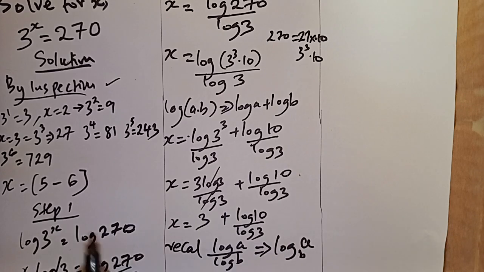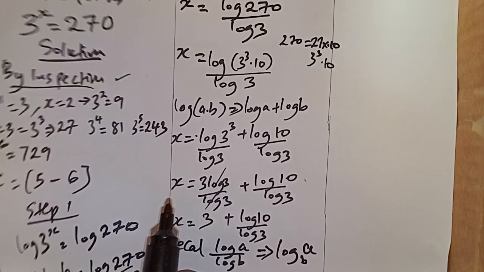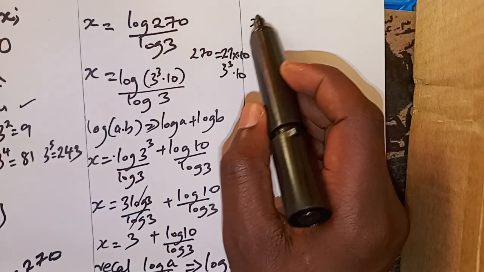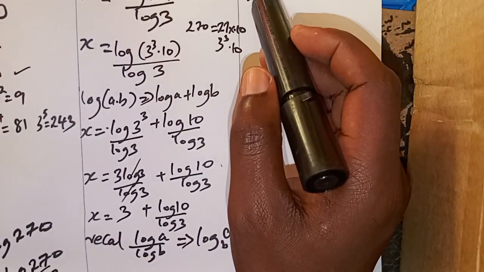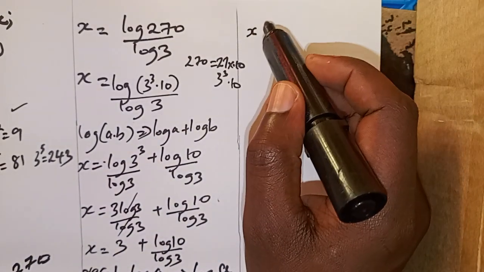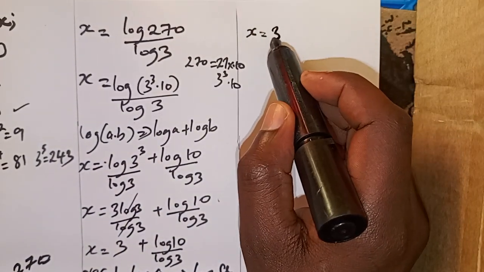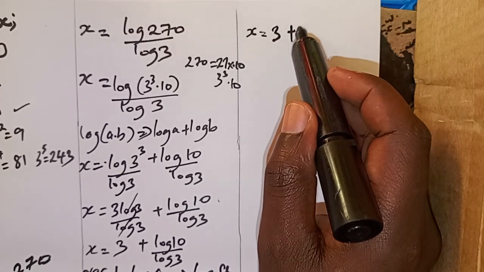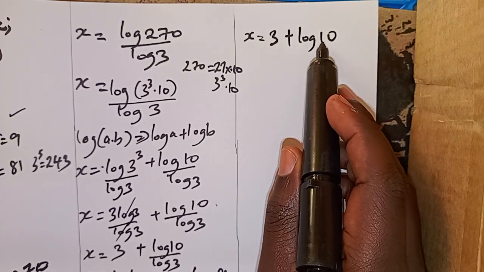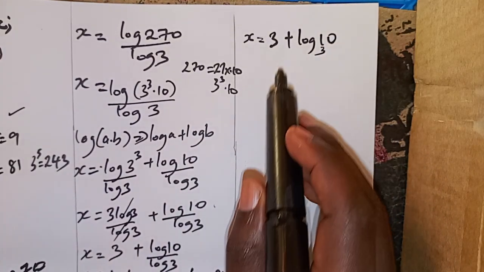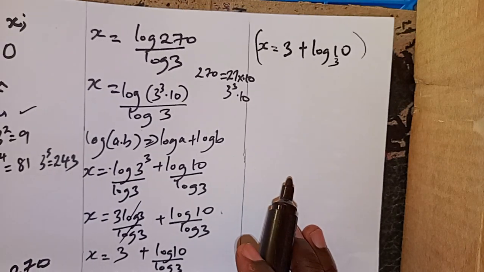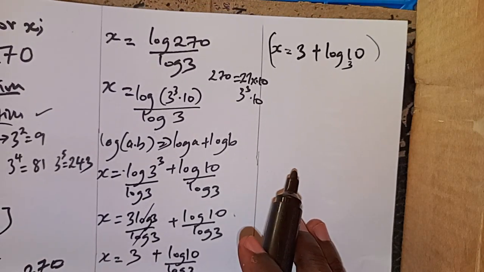So rewriting this, the final value of x, applying this law, is x equals 3 plus the log of 10 to the base 3, which is our required value of x.